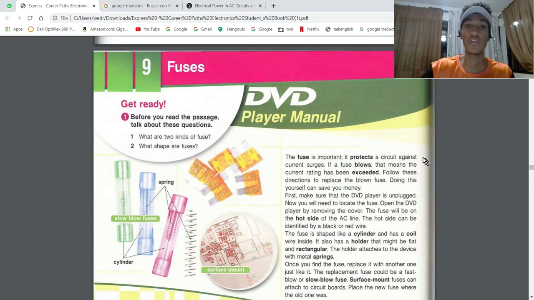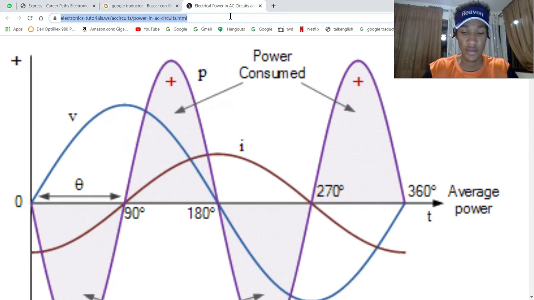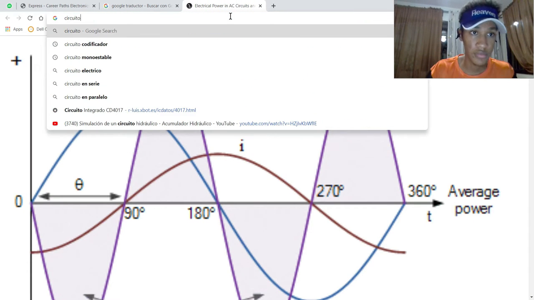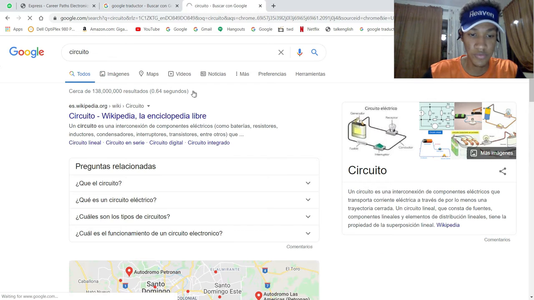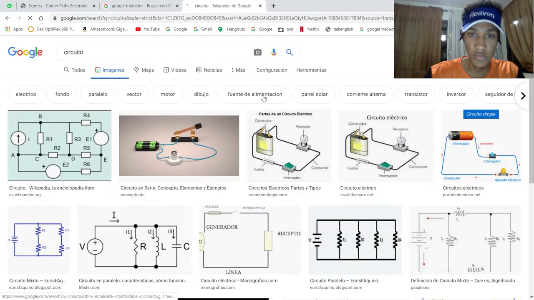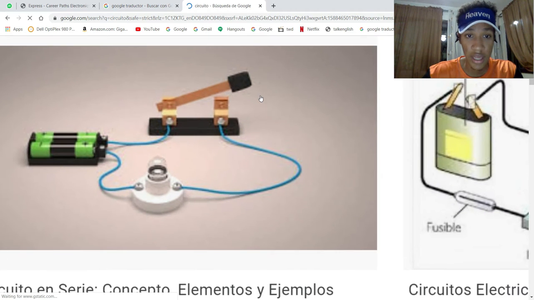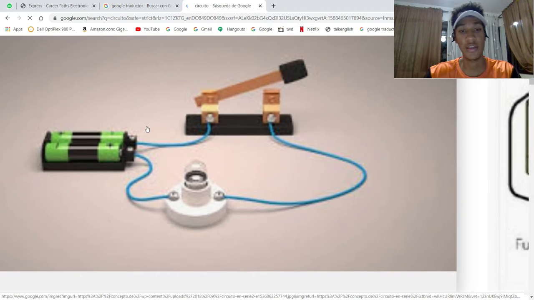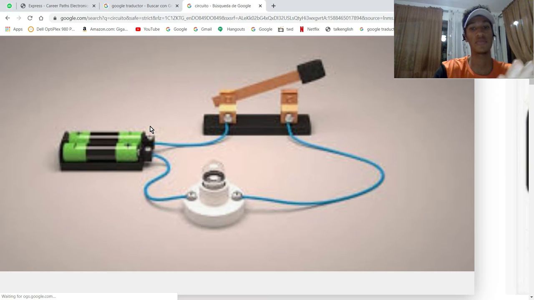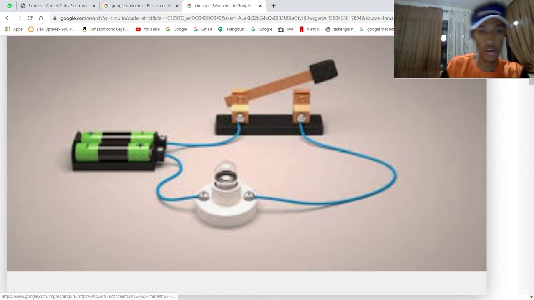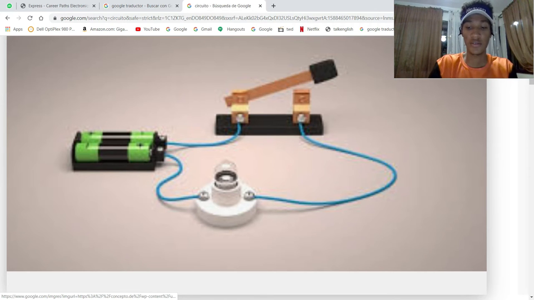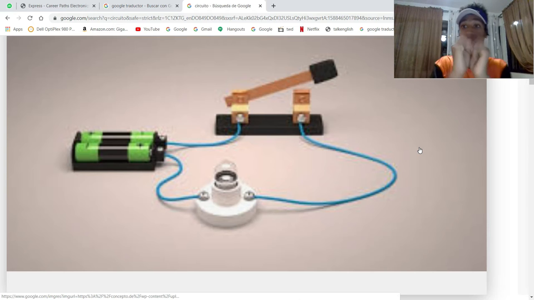You have a circuit. So this is a circuit. Say lightning goes there, so the light explodes.